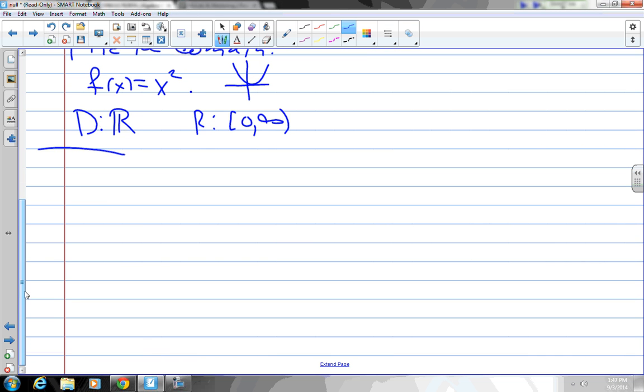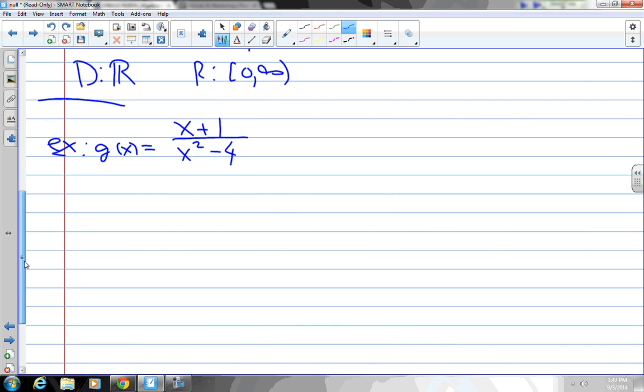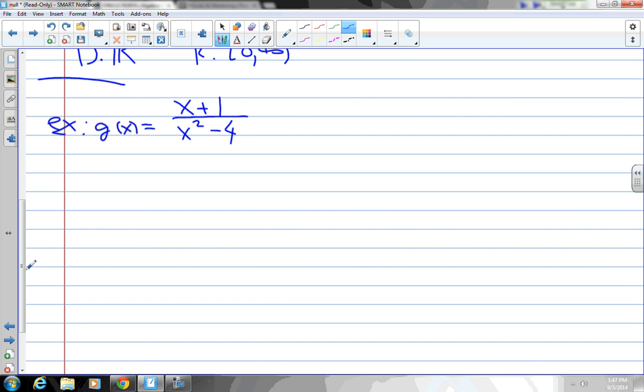How about this example? Let's say g of x equals x plus 1 over x squared minus 4. Is that it? Is there any other numbers that might make your denominator 0? Negative 2. So x cannot equal positive 2 or negative 2 because of the square. Because we can actually factor that denominator.